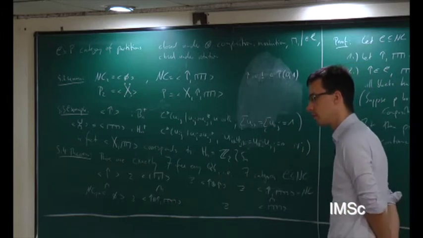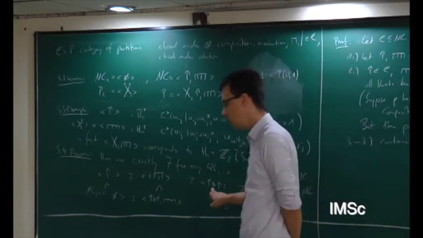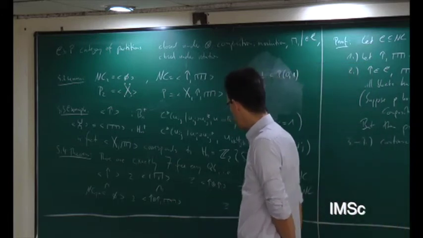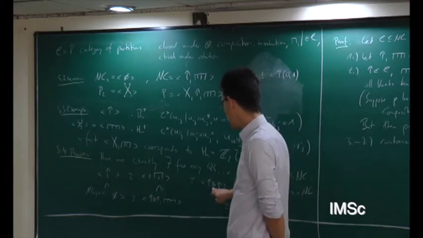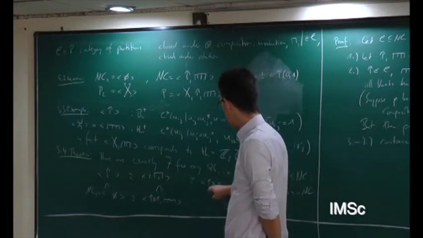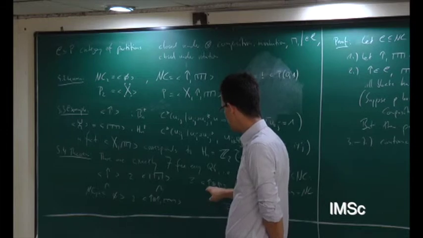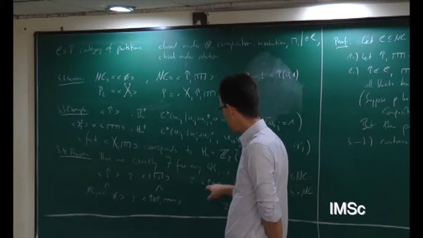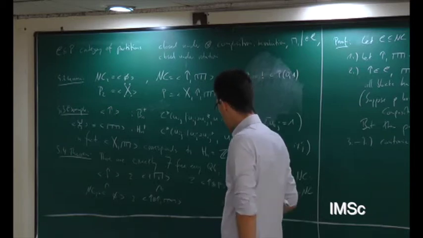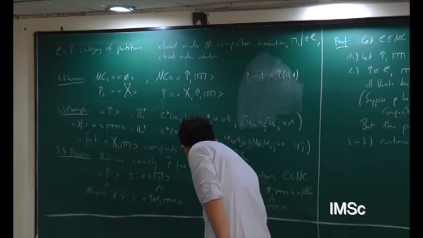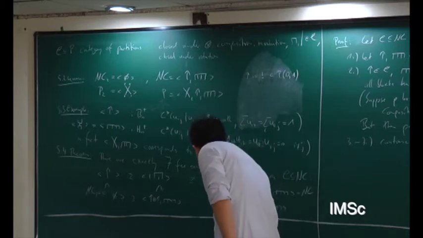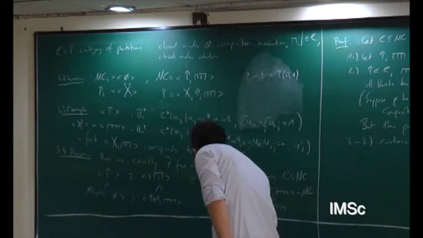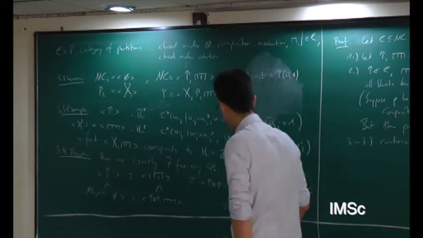What is the description of this one? So this is a bit tricky. Here blocks of size 1, there must be an even number of blocks of size 1. But in addition, you have some rule like this. You can label the points, say plus, minus, and so on.